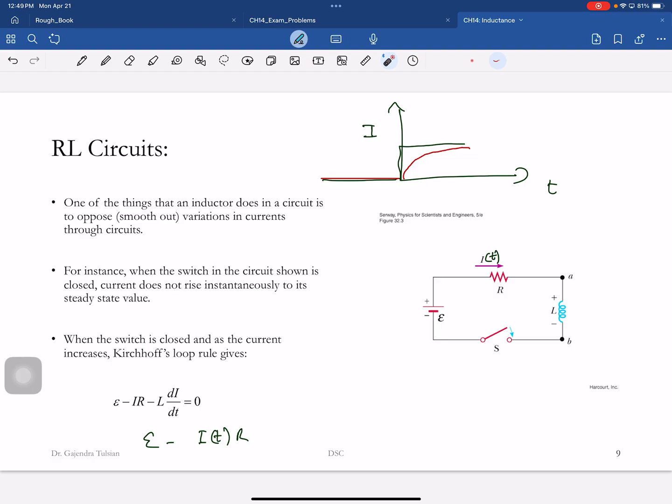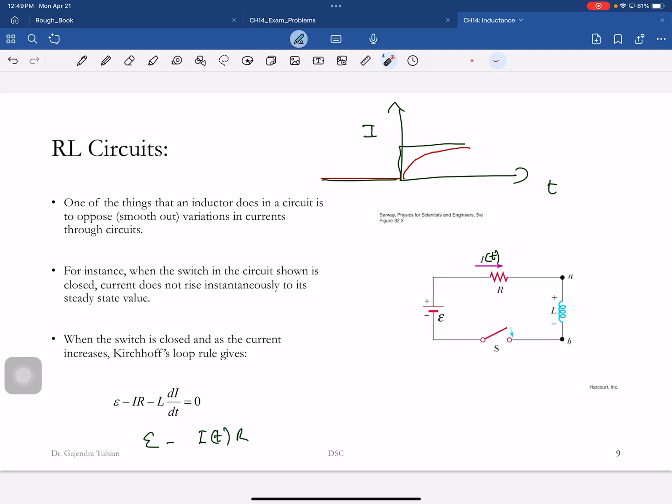Since the current is increasing, the inductor is fighting that increase in current. So the induced voltage is positive in this direction. It acts like a battery with the positive terminal there and the negative terminal there. So the change in voltage across it is negative L, where L is the inductance of this device, times di by dt.